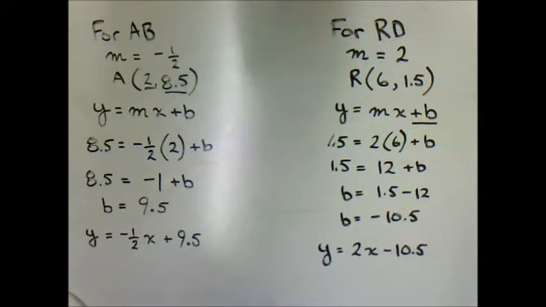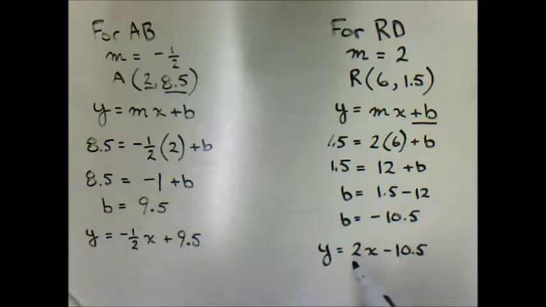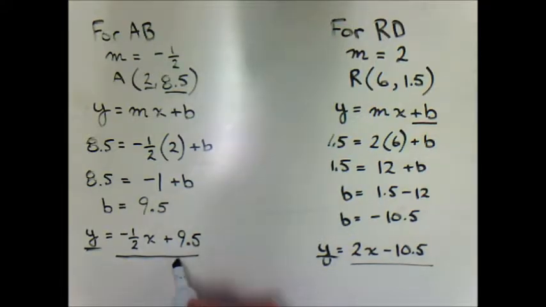Okay, so if point D is where the lines meet, then that means that point D is on both of the lines. Does that make sense? So the point D, (x, y), will be on the old road, represented by this equation here, and it will be on the new road, represented by this equation here, which means that when they intersect, this y is equal to this y, which means that the rest of the equation is equal to each other as well.